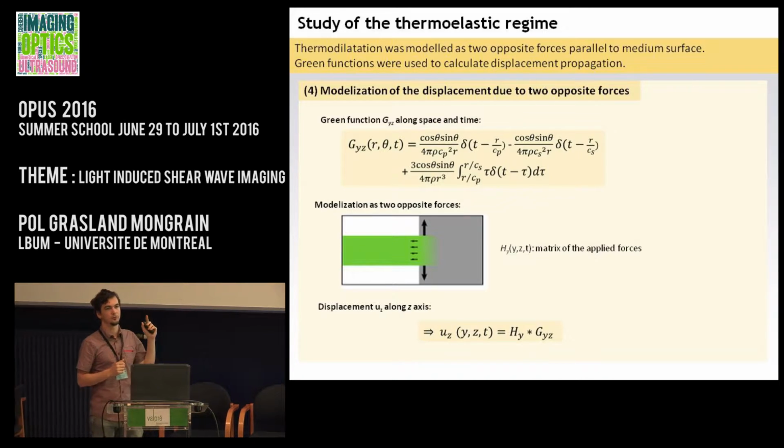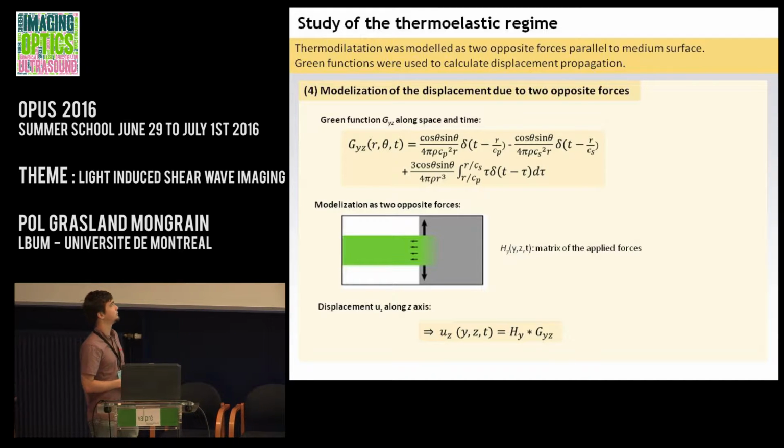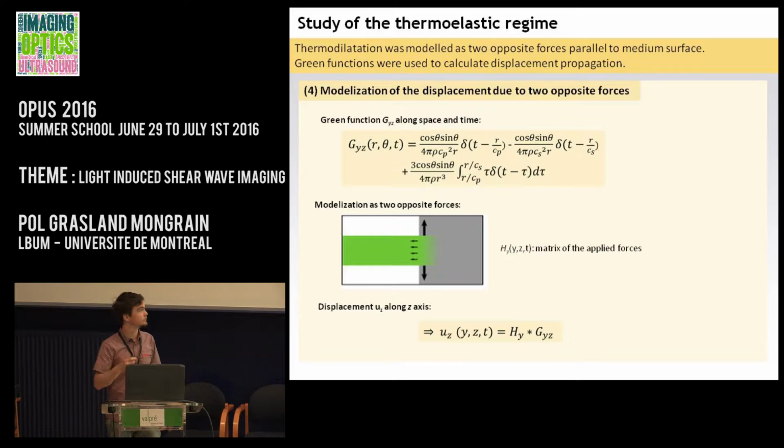Here we cannot have a one-dimensional model, we need at least a two-dimensional model. And the thermoelastic expansion was modelized as two opposite forces perpendicular to the medium surface, and the other forces were negligible compared to the two opposite forces. So we had a matrix here along space and time, which represents the amplitude of the force.